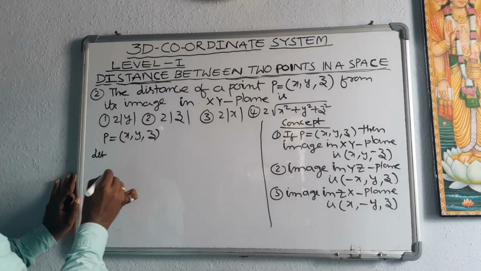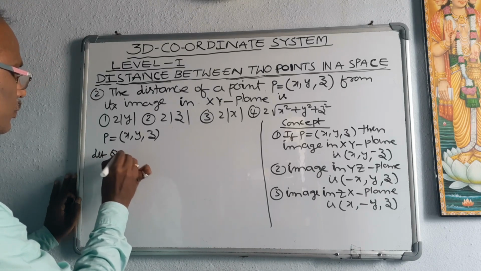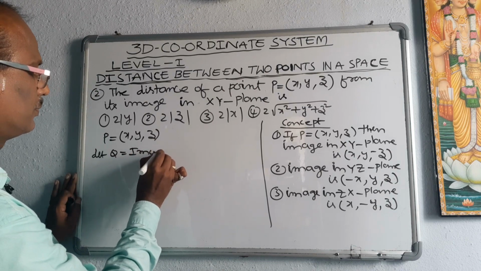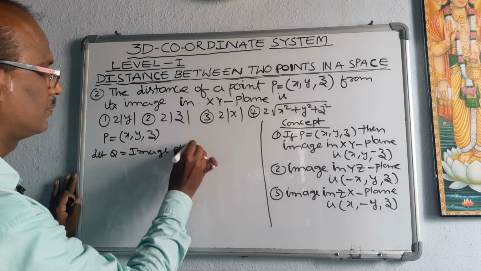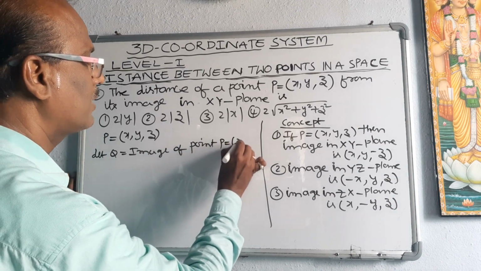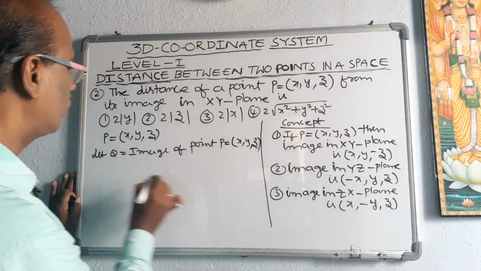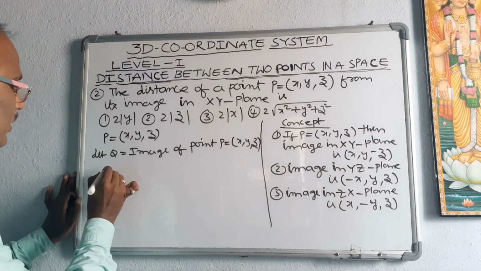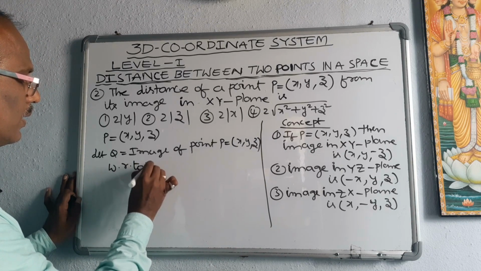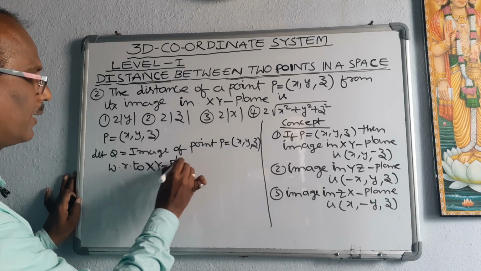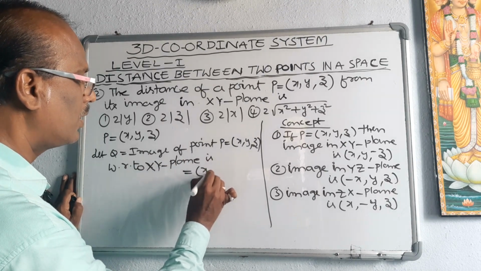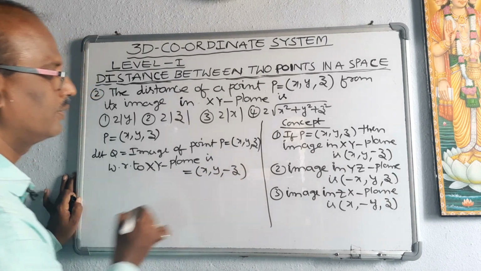Let Q be the image of point P (x, y, z) with respect to the xy plane, which is (x, y, minus z).